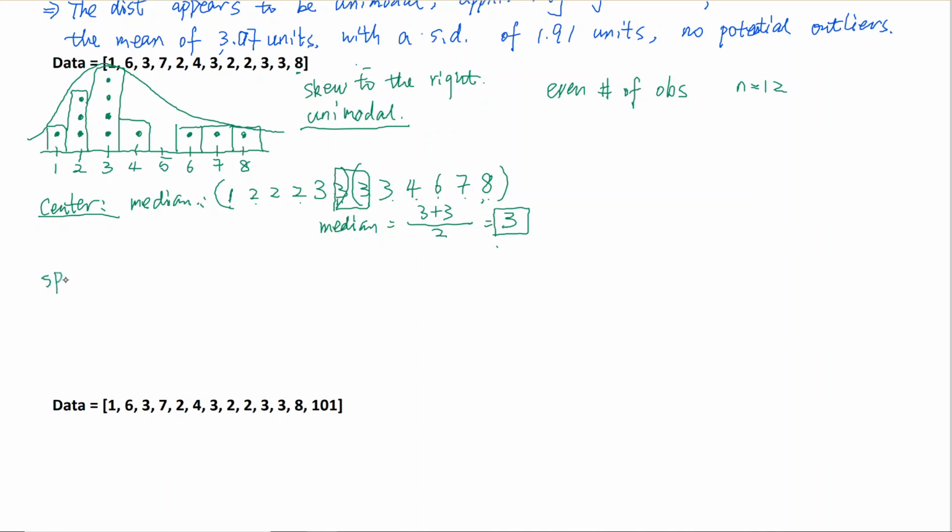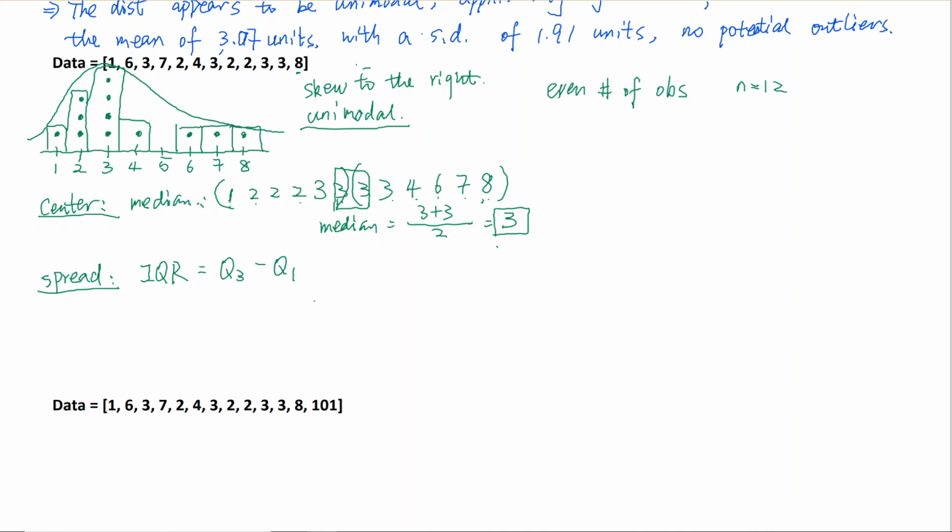Then what about the spread? Right, we say we need to pair the median with IQR, right? So to describe the spread, we need to use IQR. To find the IQR, it is calculated from Q3 minus Q1, right? So actually we need to find what is Q1, what is Q3.